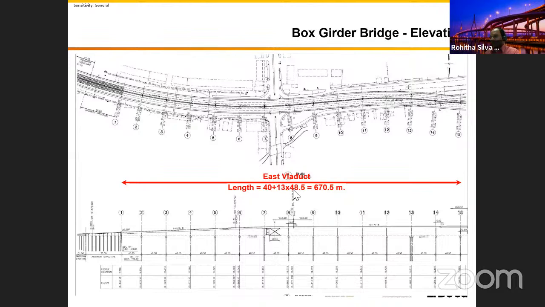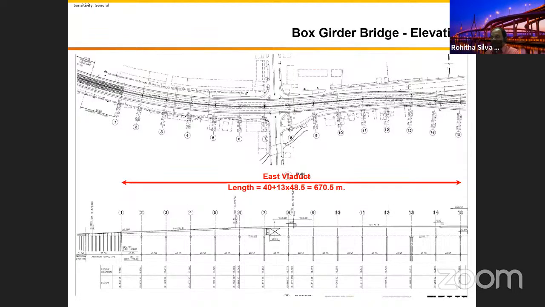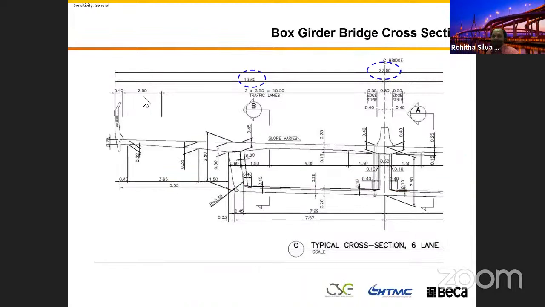This bridge, the approach span in the elevation, the average span length is 48.5 meters. We call it a viaduct. You can see the plan, it's got a really curvy shape. And the same cross section, if I show it to you, the width of the bridge is 27.6 meters, right?